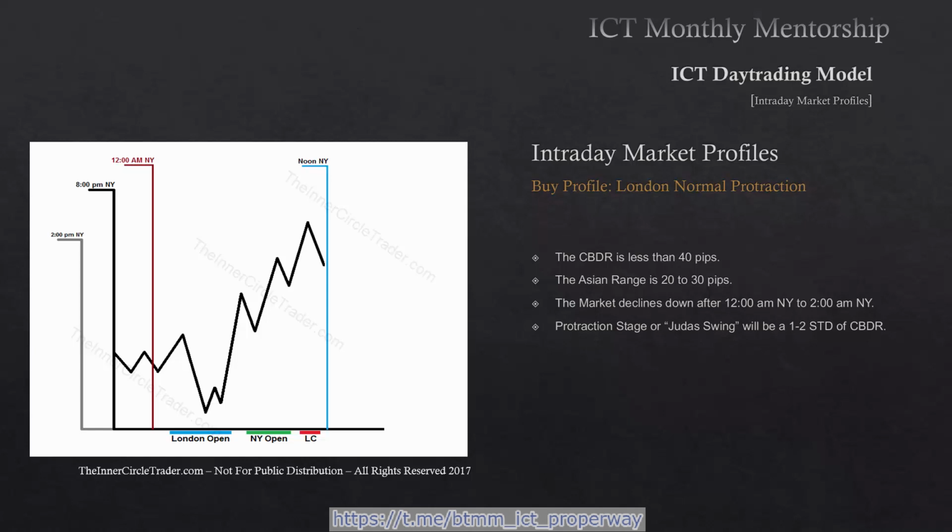Now again, the London low can form just ahead of 2 a.m., but we're looking for price to be trending towards or making lower lows going into that 2 a.m. time period.